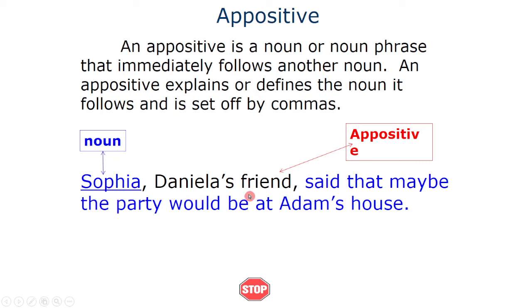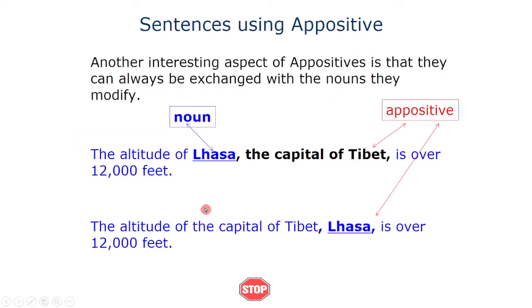Sophia, Daniel's friend, said that maybe the party would be at Adam's house. In this sentence, Daniel's friend is the appositive. The altitude of Lhasa, the capital of Tibet, is over 12,000 feet. Here, the capital of Tibet is the appositive.